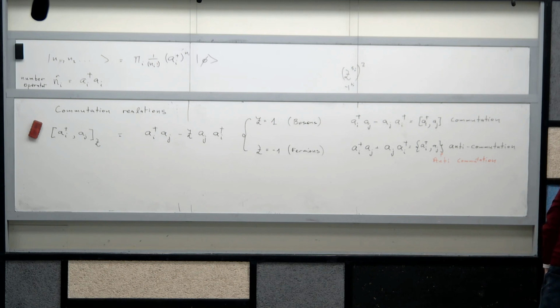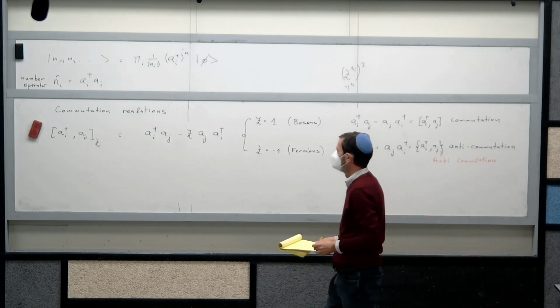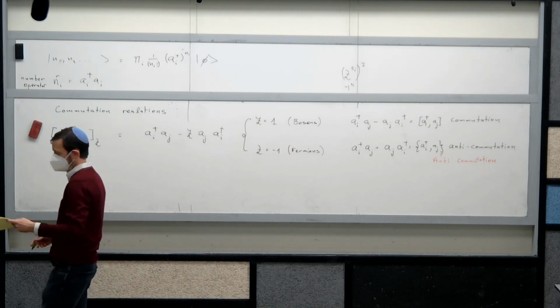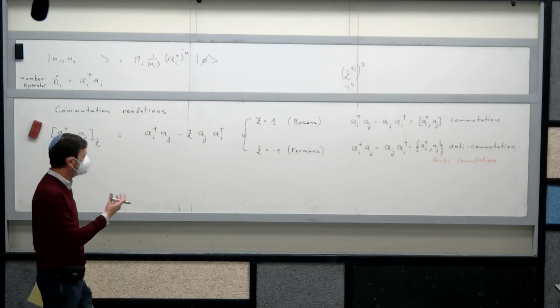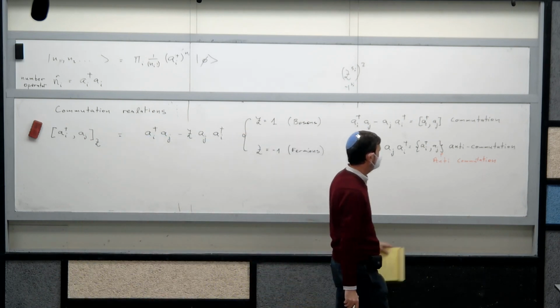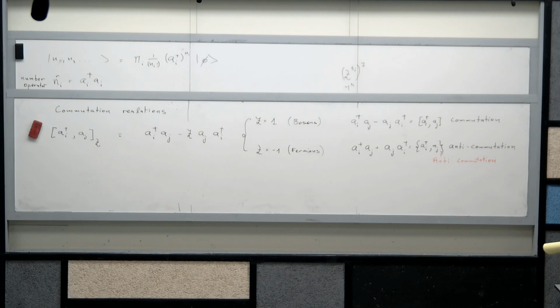So what do we get from these commutation and anti-commutation relations?